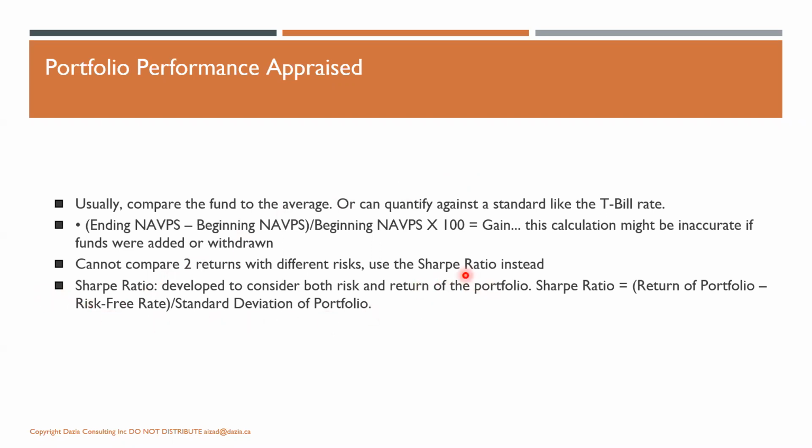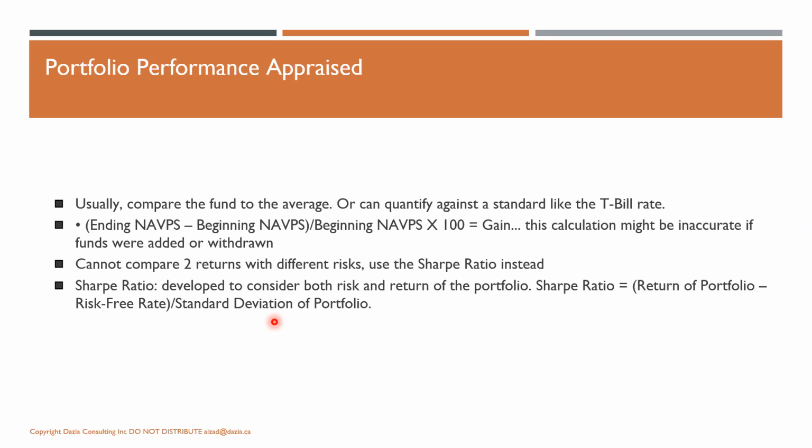We'll talk about the Sharpe ratio later, but if you have two different returns with different risks, then we use a Sharpe ratio. And what is the Sharpe ratio? It's in the book. It is the return of the portfolio minus the risk-free rate, divided by the standard deviation. It's a formula where you just need to remember the three things they will give you in the question.